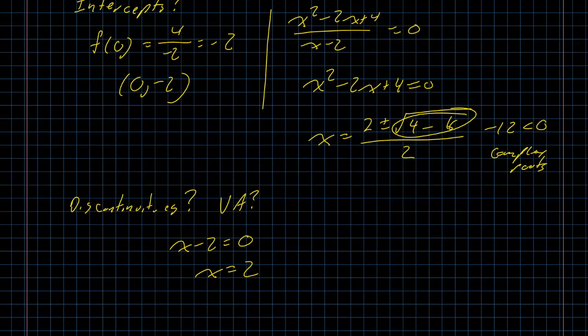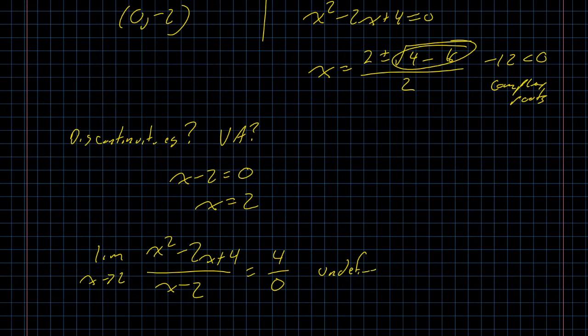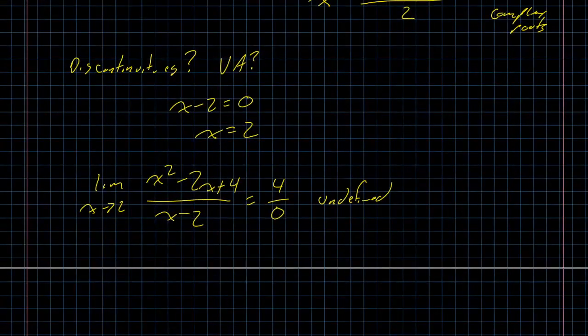And if we consider in the limit as x goes to 2 of x squared minus 2x plus 4 all over x minus 2. Well, plugging in x equals 2 here, we'll get 4 minus 4 plus 4, which is 4 over 0, undefined, which means that this is actually going to go to positive or negative infinity.